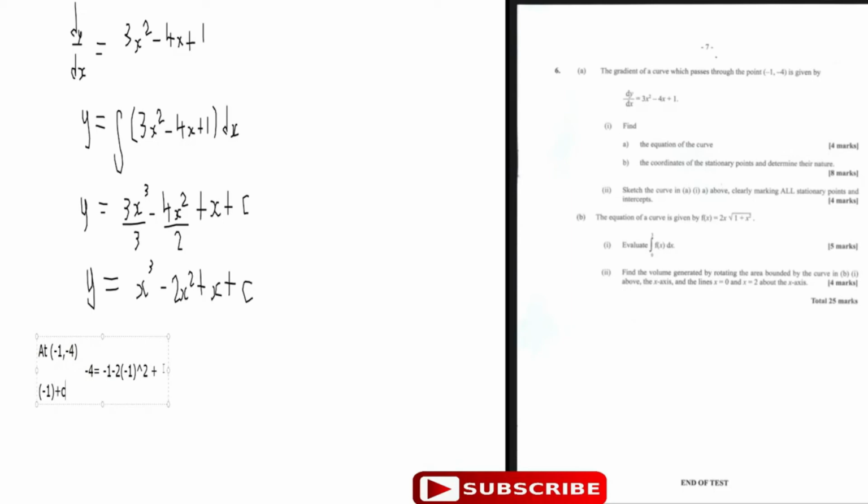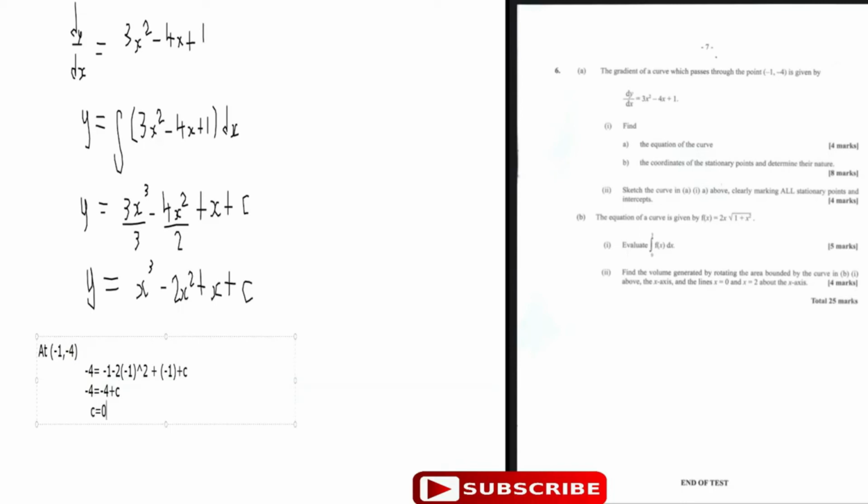That will allow us to find the constant c. Solving for c, -4 is equal to -1 minus 2 times -1 squared plus -1. That is -4. So -4 is equal to -4 plus c. And so the constant is 0.